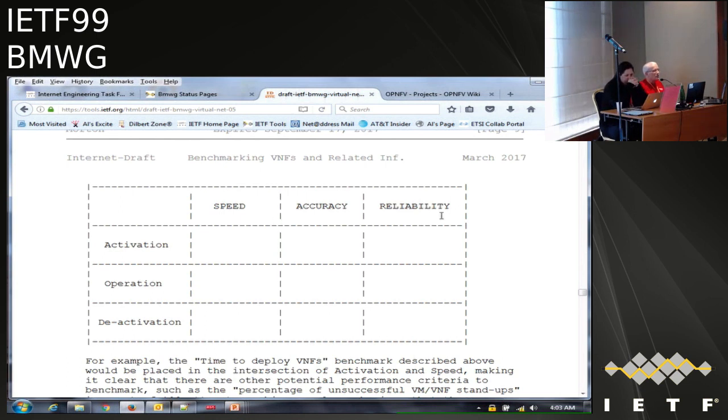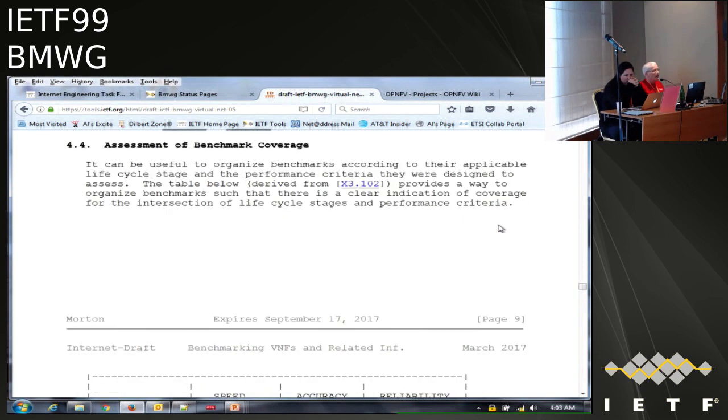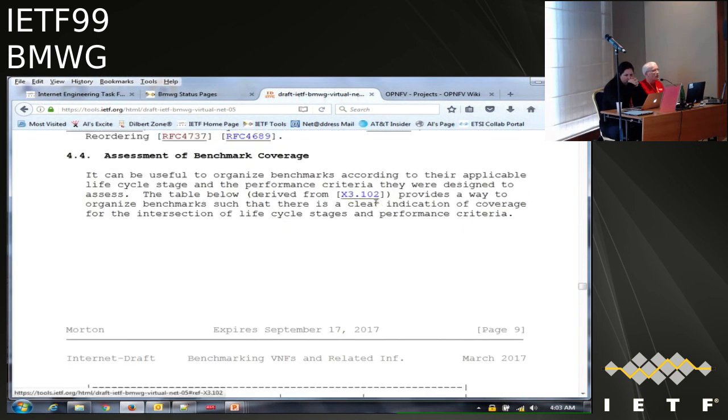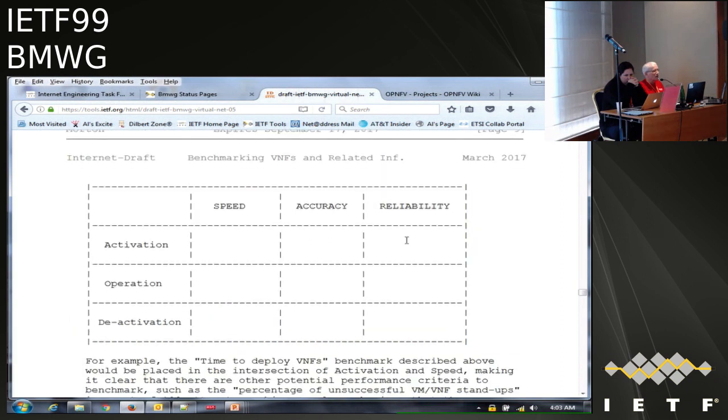But this was the matrix that comes from an ANSI standard, ANSI X3.102, and it was originally designed for data communications evaluation a long time ago, back in the 80s.